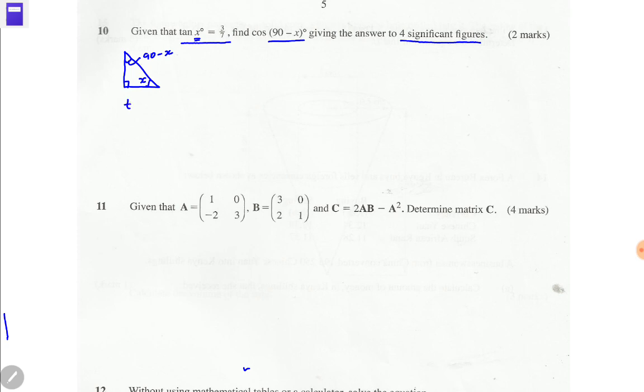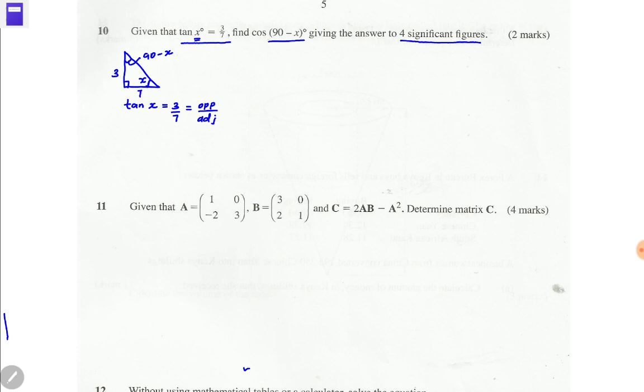Now, tan of x is equal to 3/7. Tan of any angle theta is always given by the opposite side over the adjacent side, implying that the side opposite to x is equal to 3 and the side adjacent to x is equal to 7.